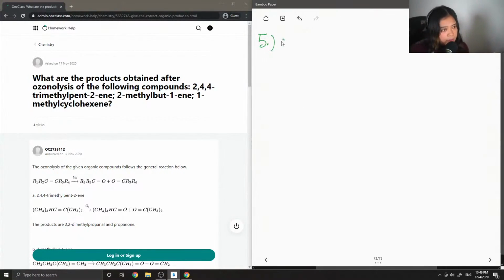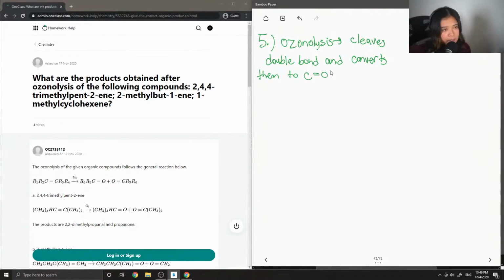Okay, so I'll just write down the definition of ozonolysis and what kind of reaction it is. But just to put it in easier terms, ozonolysis is when you cleave the double bond or triple bond and converts it to carbonyl groups, or C double bonded with oxygen.